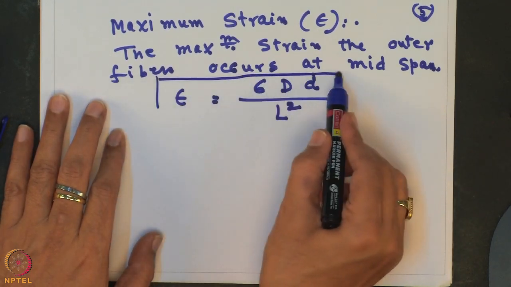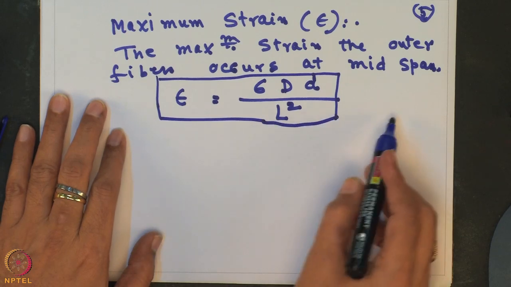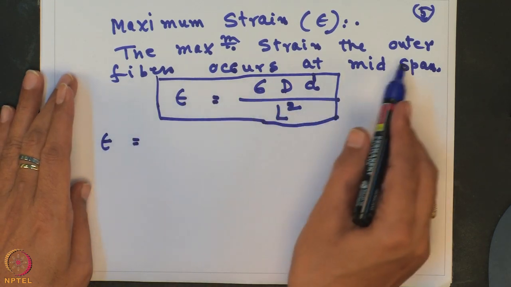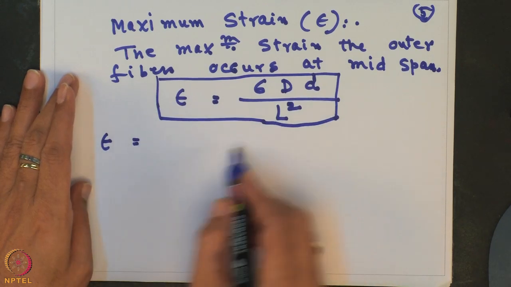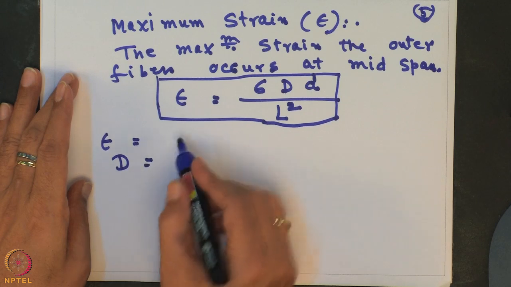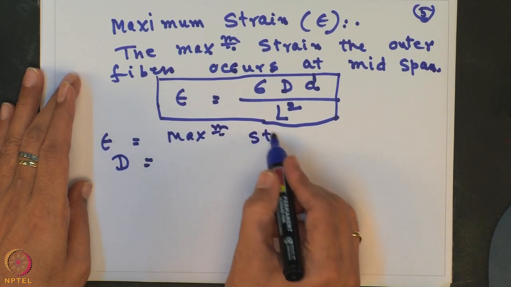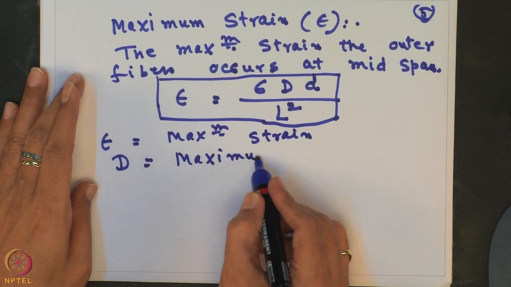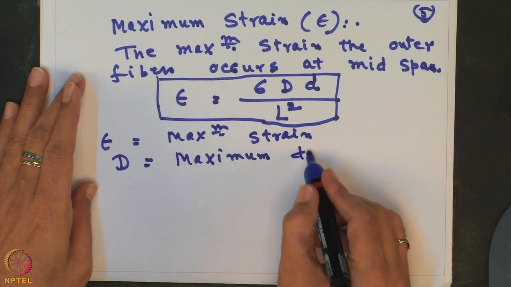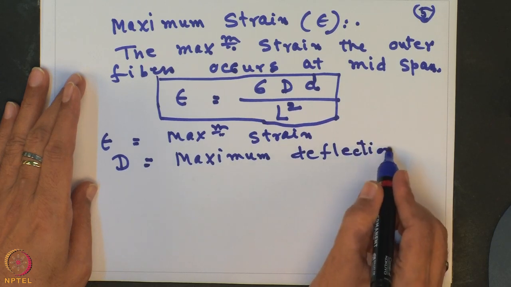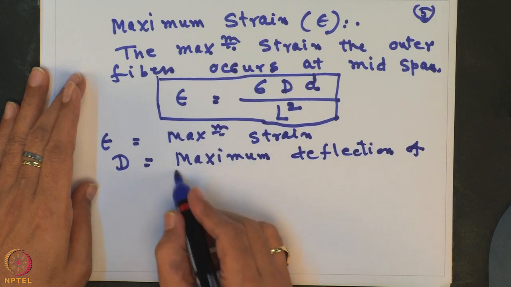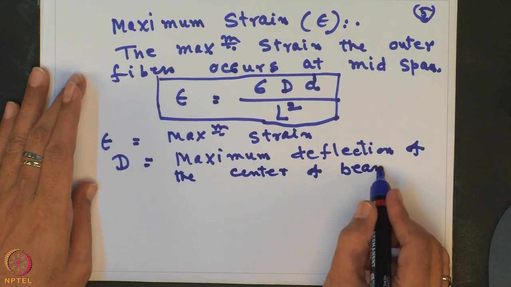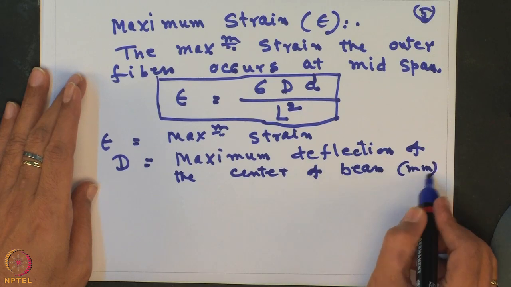So, this is the equation for the maximum strain value, where epsilon is the maximum strain at the outer fiber, and D is the maximum deflection at the center of the beam, in millimeter.